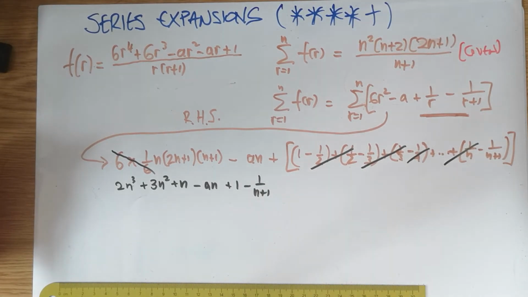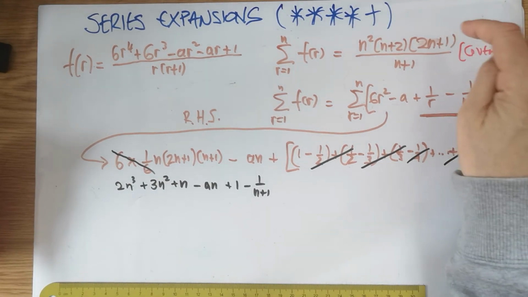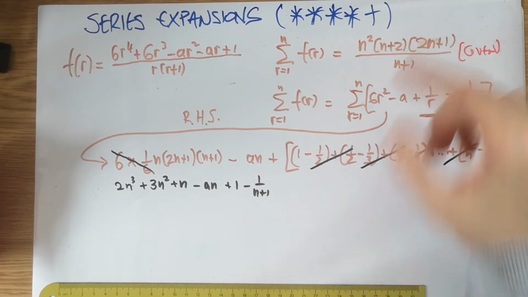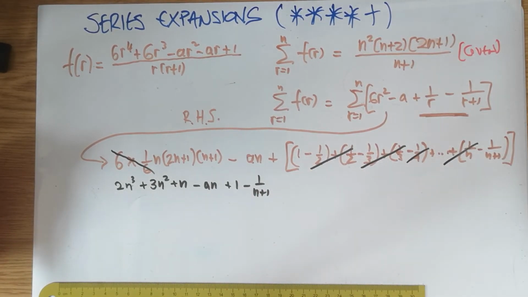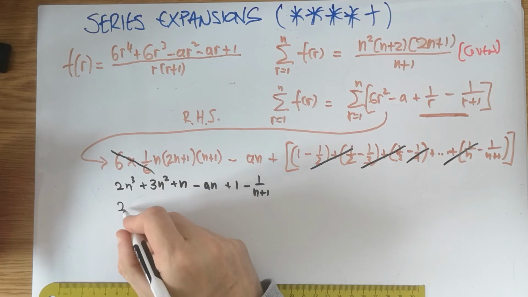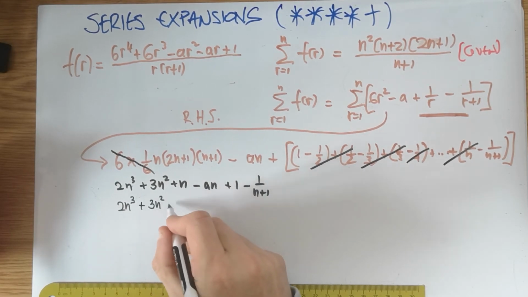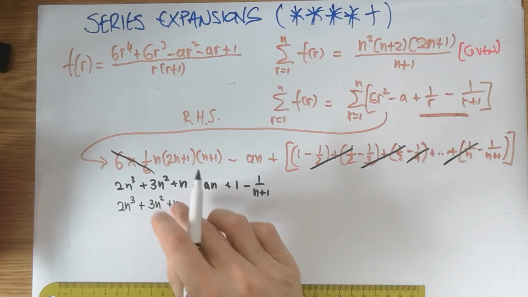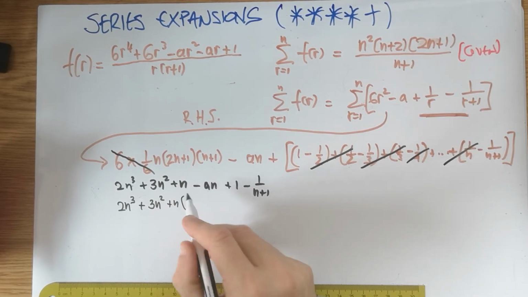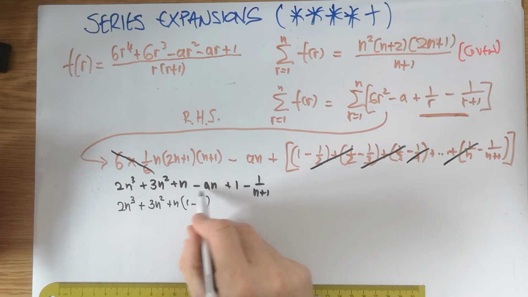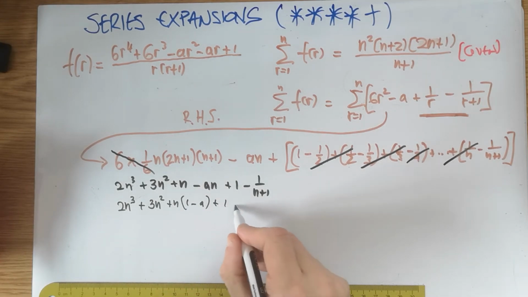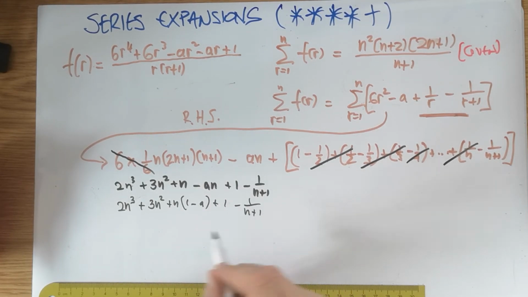That is a bit of a pain now because we have a denominator, the n plus 1, appearing in there. So first of all, let's write this as 2n cubed plus 3n squared plus n, and factorize the n, 1 minus a from these two terms, plus the 1 minus 1 over n plus 1.